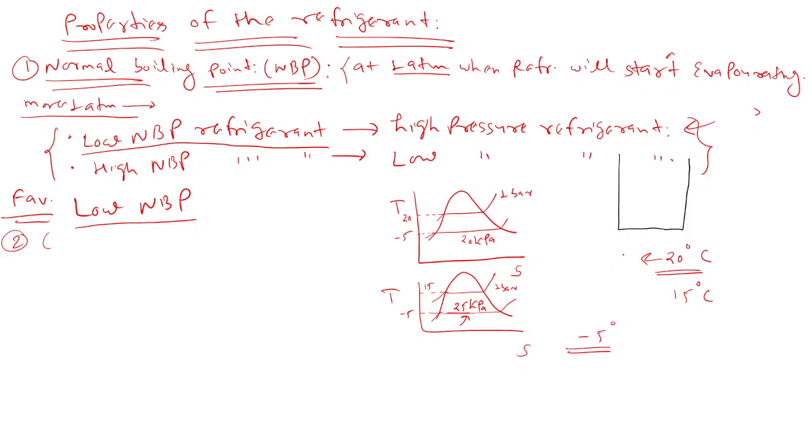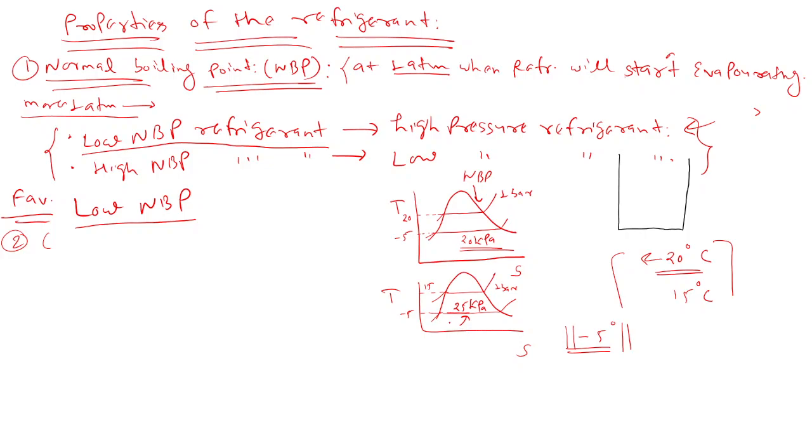Like the two refrigerants you have taken, and the favorable temperature we want is -5 degrees Celsius, let's suppose. Both are taken at the -5 evaporator condition, so what is the evaporator pressure? For normal boiling point 20, we have seen the saturation pressure at -5 is 20 kilopascal.